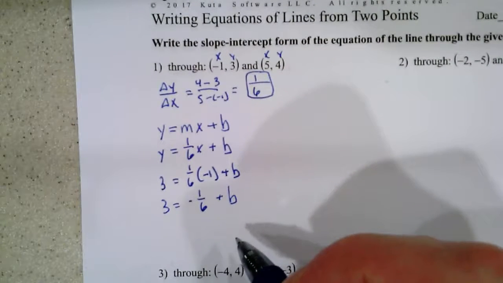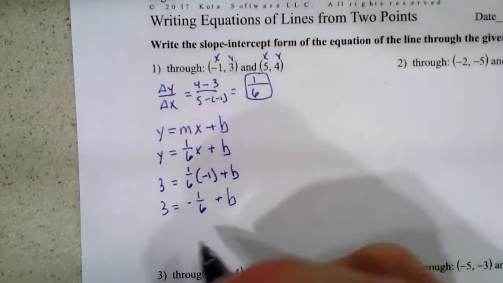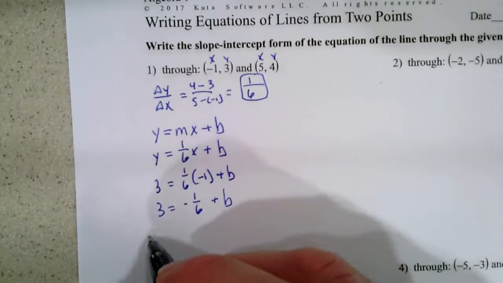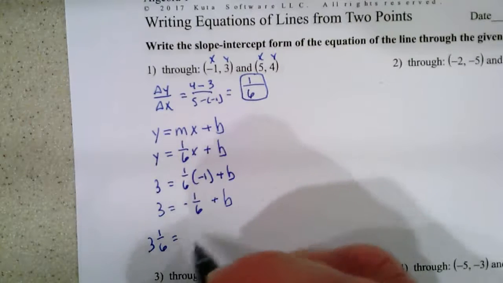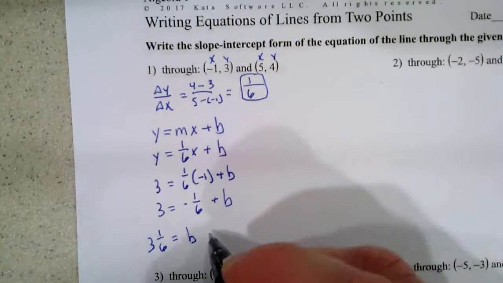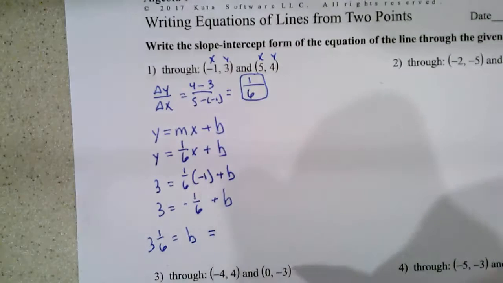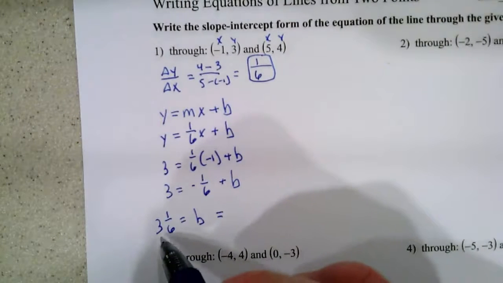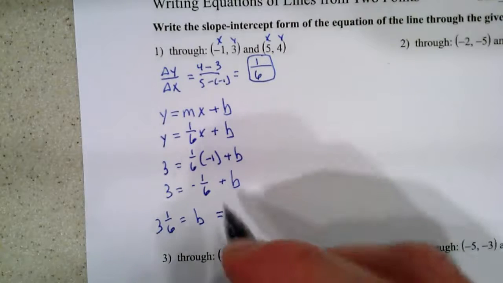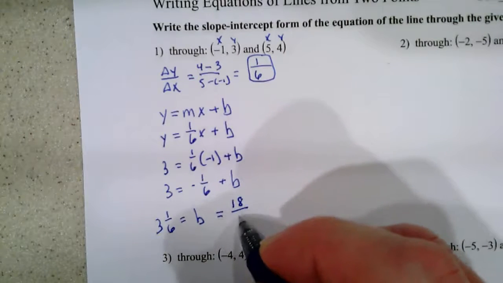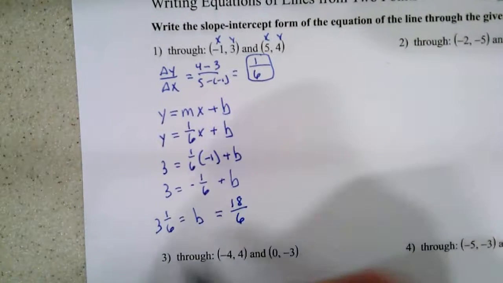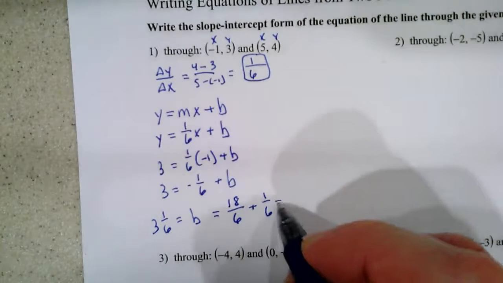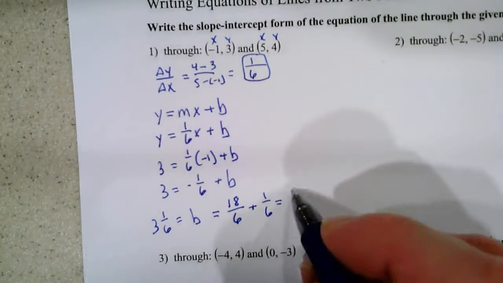Now I'm going to add 1/6 to both sides, to get the b by itself. And 3 plus 1/6 is 3 and 1/6. So I write it as this equals b. Let's rewrite 3 and 1/6 as an improper fraction. 3 is 18 divided by 6, plus an additional 1 over 6 equals 19/6.